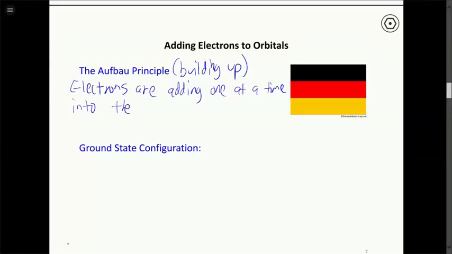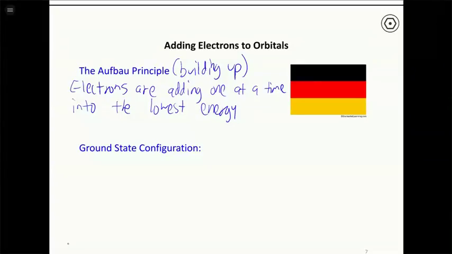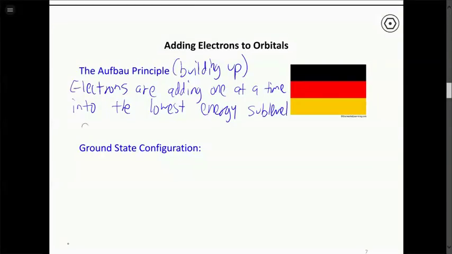We have to remember Pauli's exclusion principle, which dictates the maximum number of electrons that go into a subshell, but if there's available space in that subshell, we add the electrons there first, whatever's lowest energy and still available. Once we see examples of this, it will make more sense.